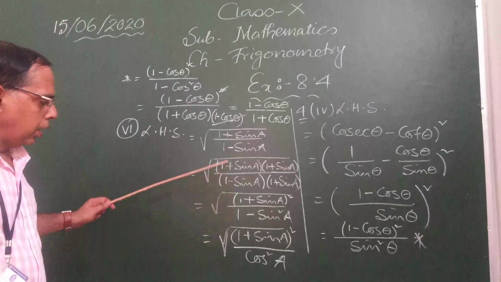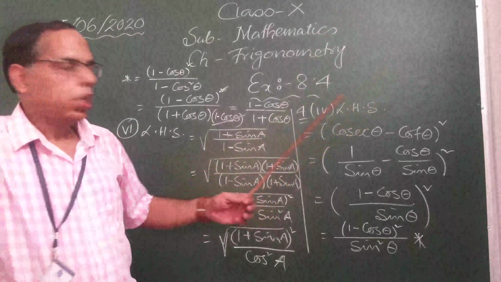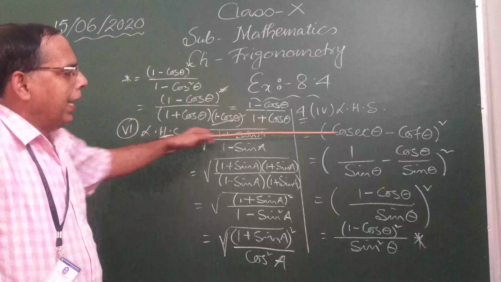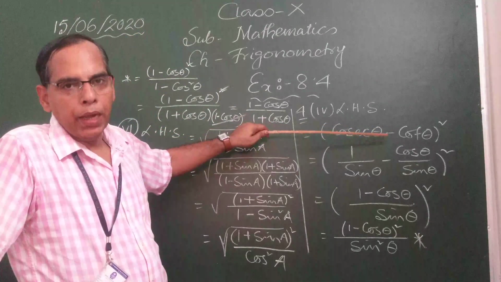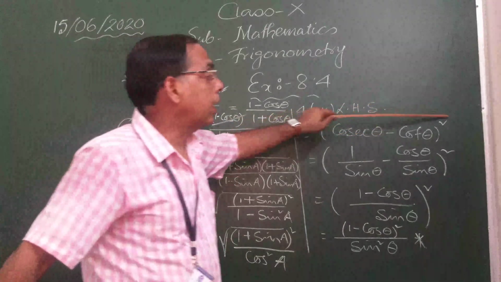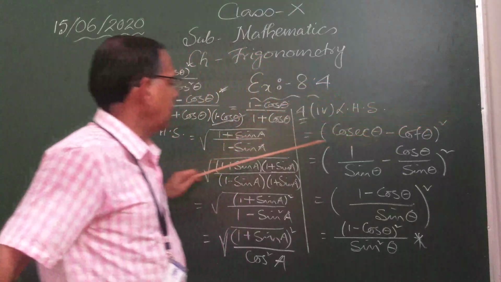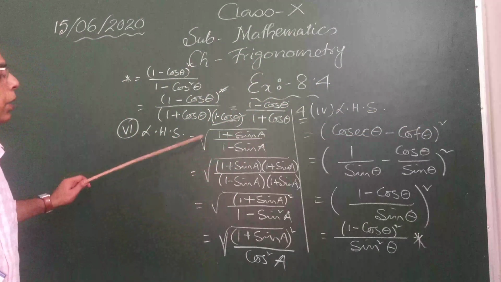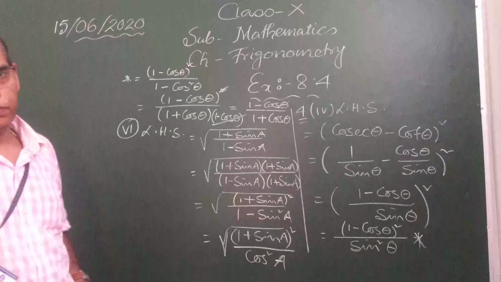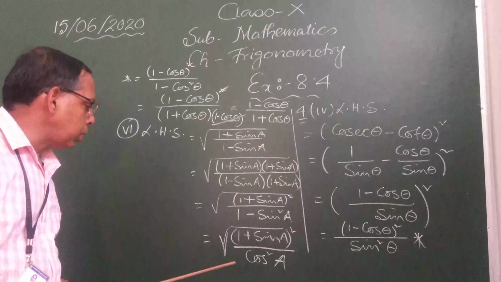Similarly, using the backward steps, we'll get back this part. Only thing is that here the whole square term is there, but here the whole square term will not be there because the square root is there. So in the next step what will it be?